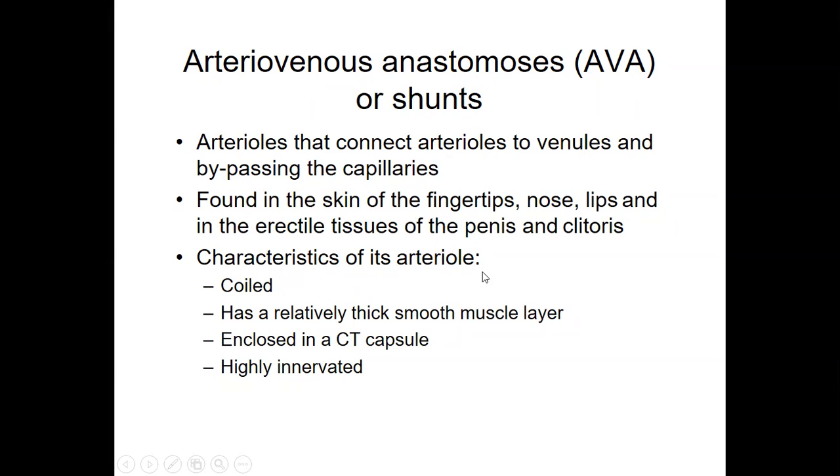The arteriole is coiled, has a relatively thick smooth muscle layer enclosed in a connective tissue capsule, and the AV shunt is highly innervated.